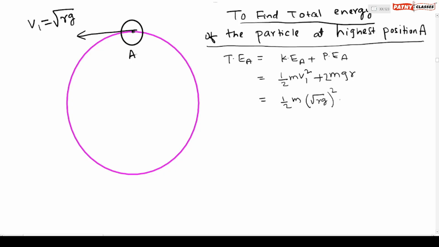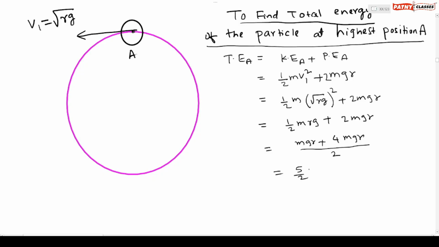So half m (under root of rg) square plus 2mgr equals half m rg plus 2mgr, equals mgr plus 4mgr divided by 2, equals 5 upon 2 mgr. Therefore, total energy of the particle performing vertical circular motion at point A is 5 upon 2 mgr.